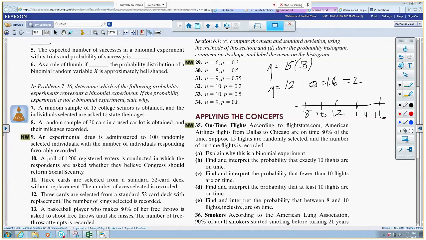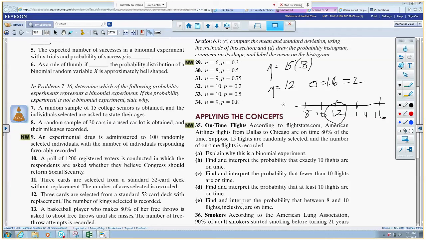So 17 flights being on time would be unbelievable. But the mean is 12. In other words, out of those 15 flights, 12 were pretty much on time.